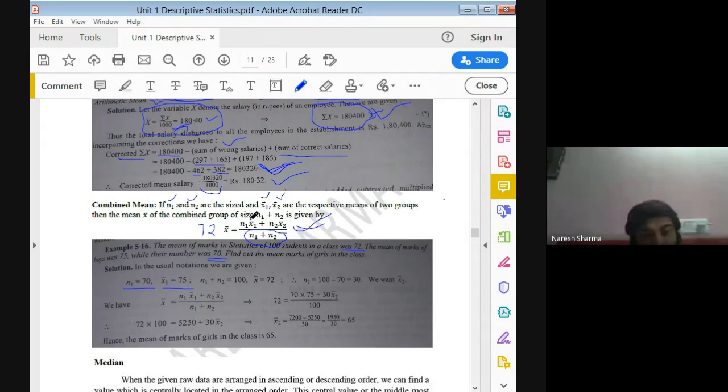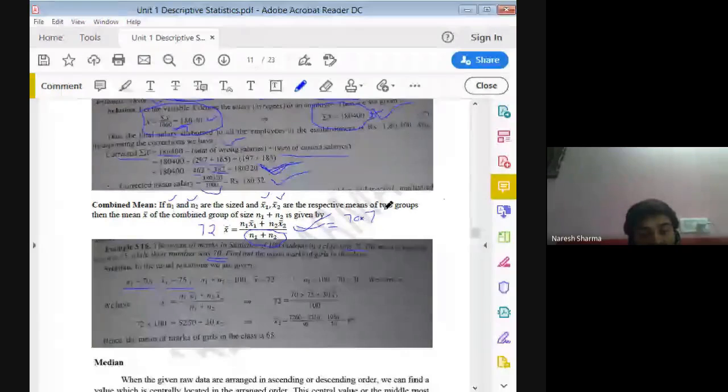Their mean is given as 75. So in this formula, on the right hand side, the number is 70, multiplied by their mean, 75, plus, we need to find the mean marks of girls. How many girls do we have? It's simple.